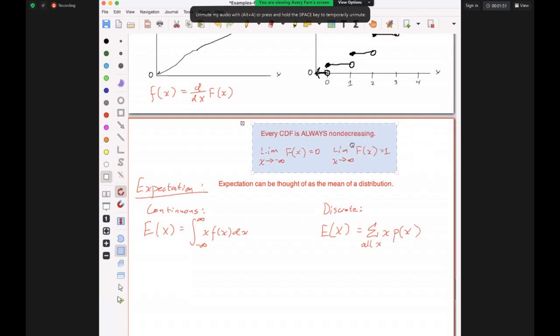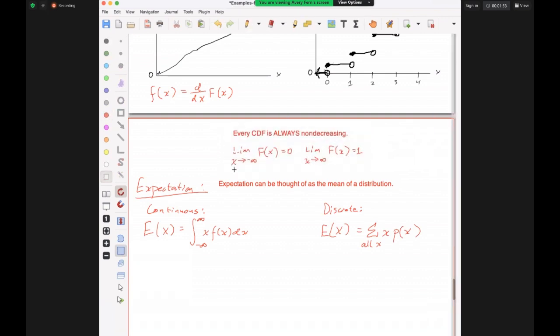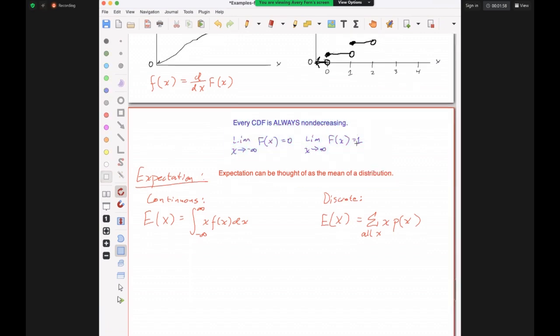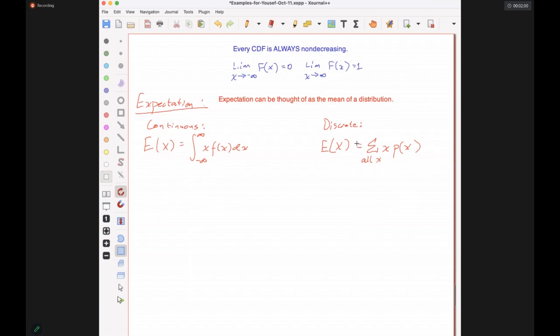Or in other words, x times the probability that our random variable big X is equal to little x. Does that make sense? Okay.